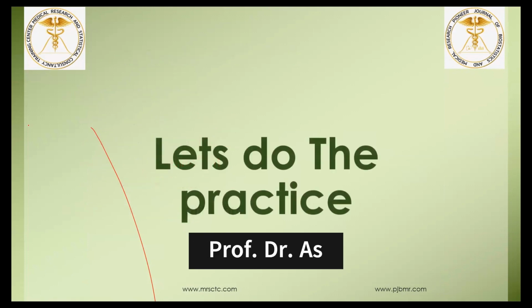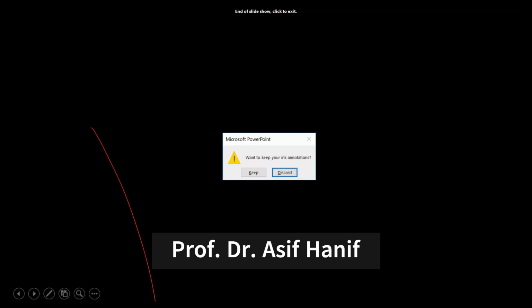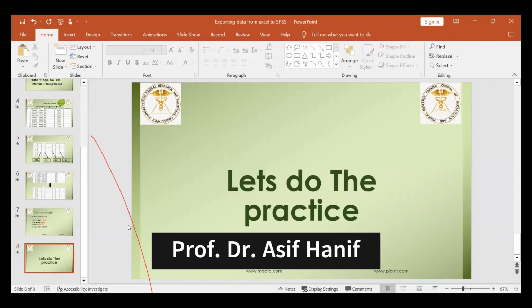Let's do the practice. I wish you all, if you can, open your Excel. Here I have entered the data. I'll give you some tips here on how to convert these options into codes. I will give you some shortcut tips.